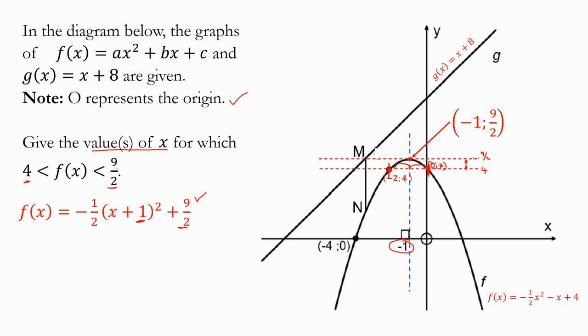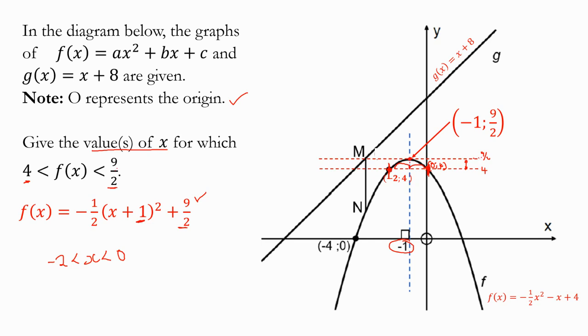But you have to be very, very careful here, because 4 and 9 over 2 are not included. So the x values are going to be greater than -2, and also less than what? 0. Between -2 and 0, that's where the graph is between 4 and 9 over 2.